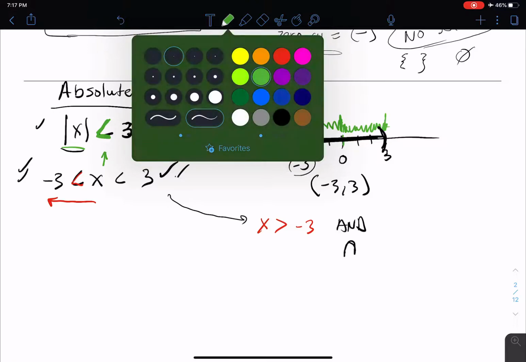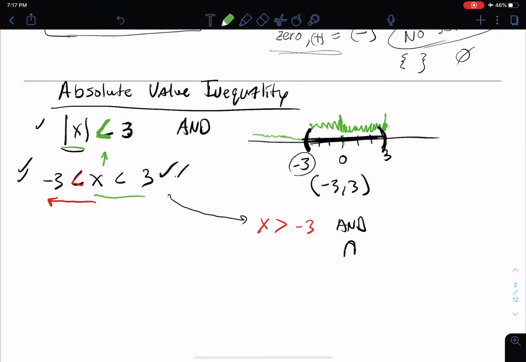And then if I read from the inside out, and x is less than 3, that squeezes my answers in between those two. So this works, and this really highlights the fact that there's the and word.